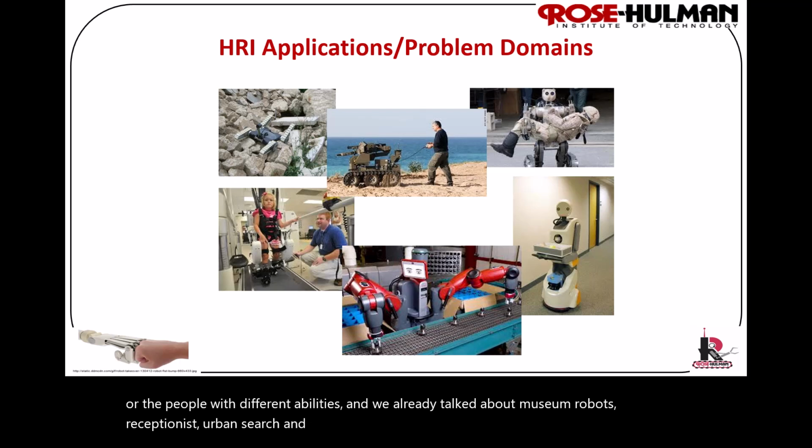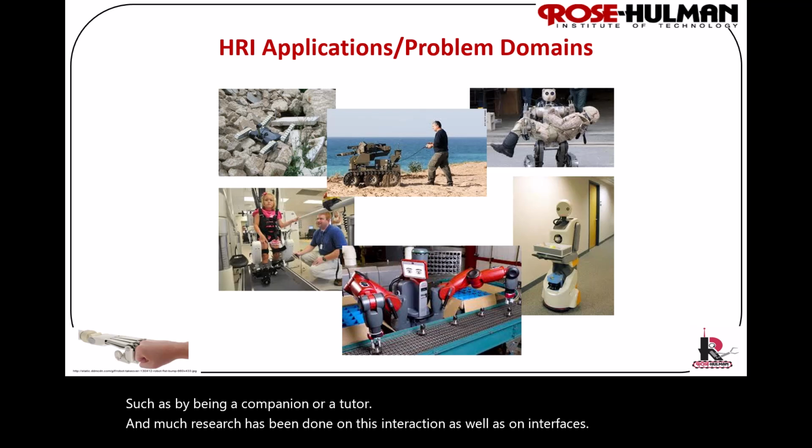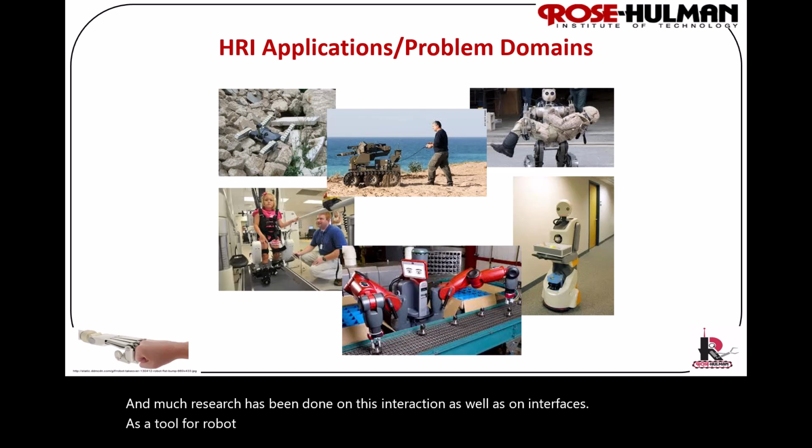We saw robot soccer, also Robonaut, children with autism, such as by being a companion or a tutor. And much research has been done on this interaction, as well as on interfaces as a tool for robot developers, which is where human-computer interaction comes in, which has been studied for many years.